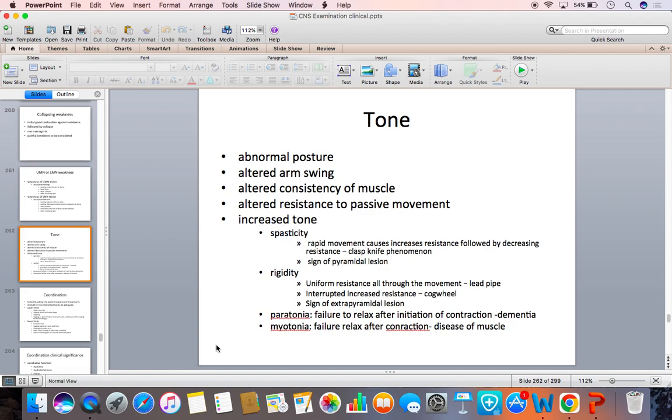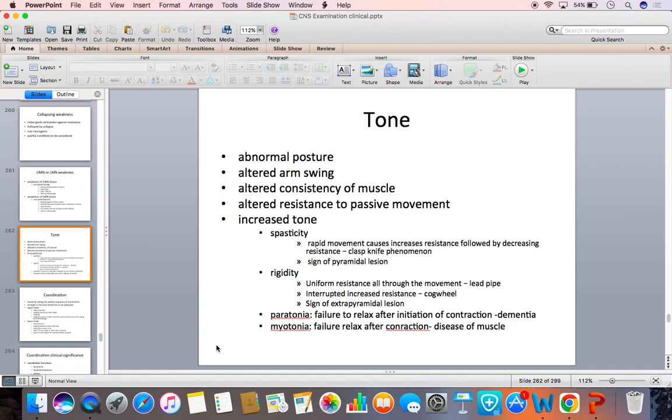That is, this is velocity dependent resistance against the passive movement, and the resistance is suddenly decreased and given away. Okay, this is the clasp knife phenomenon. This is a sign of pyramidal lesion. That is spasticity. That is velocity dependent hypertonicity. Velocity dependent increasing resistance to the passive movement and suddenly given away. That is clasp knife phenomenon.